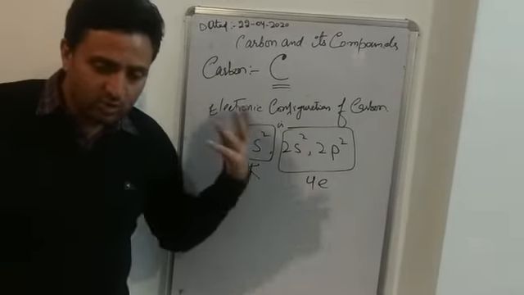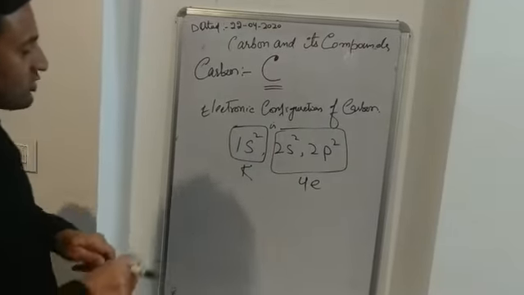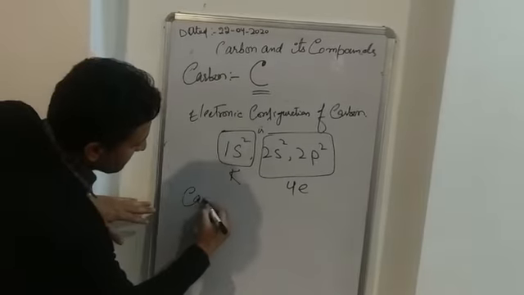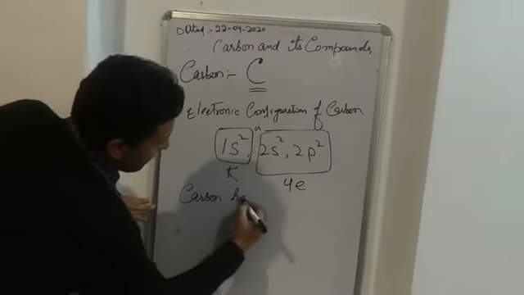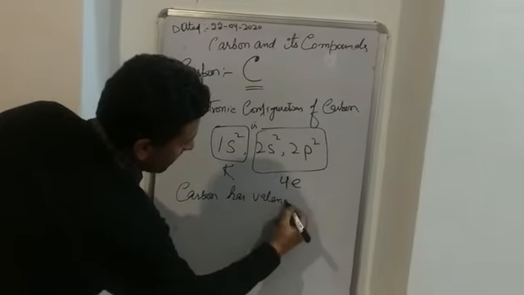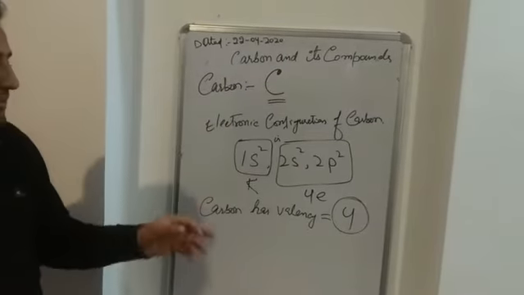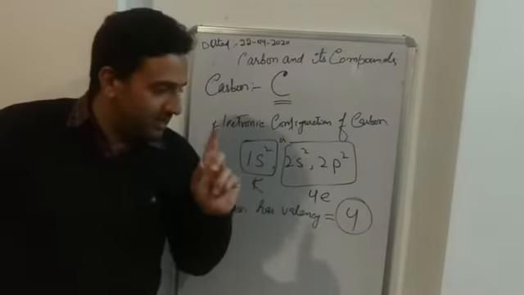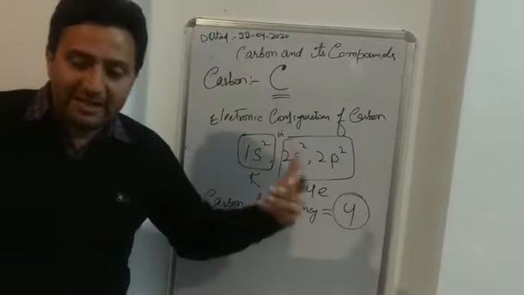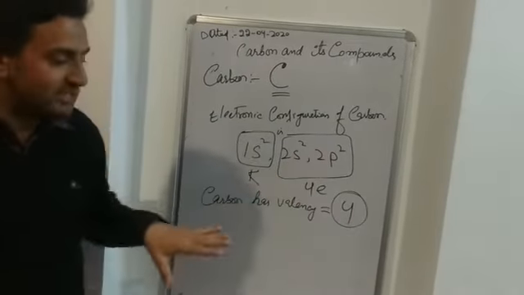So we can also say that carbon has valency equal to 4. The number of unpaired electrons present in the outermost shell is called valency.